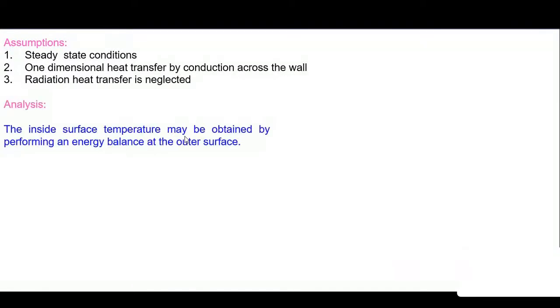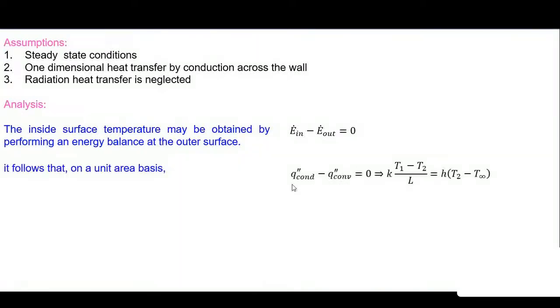Using these assumptions, the inside surface temperature may be obtained by performing an energy balance at the outer surface, that is, under steady condition, the heat flux by conduction is equal to the heat flux by convection. So energy coming in is equal to energy going out. In other words, the heat flux by conduction minus the heat flux by convection is equal to 0 under steady conditions.